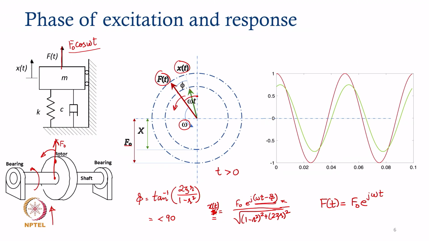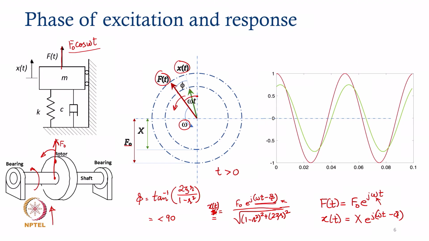Now, obviously, for a linear system, as we discussed and clearly stated, if the force varies with the frequency of omega, the response x is also going to vary with the same frequency, but they will have a phase difference given by phi.